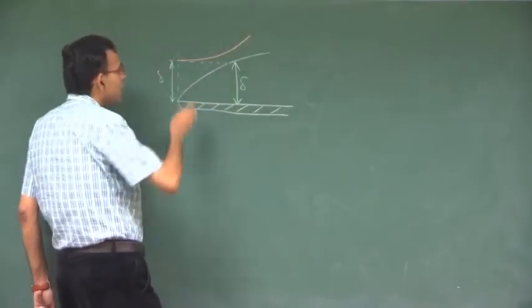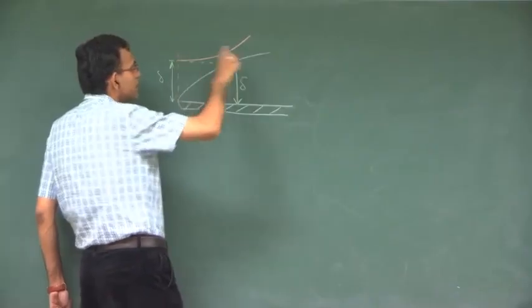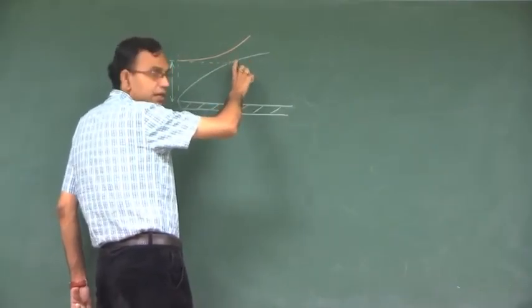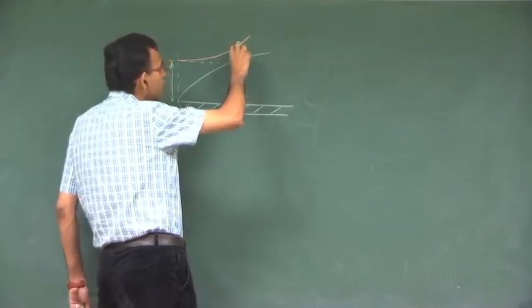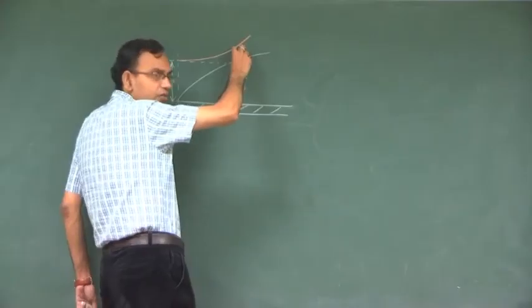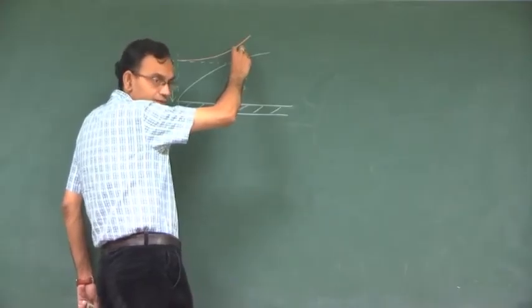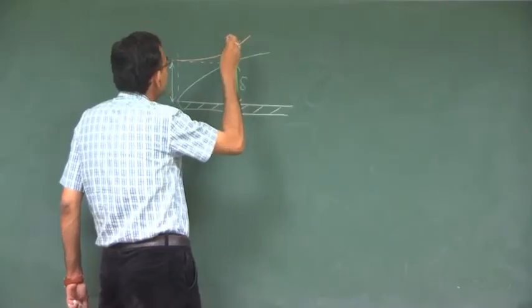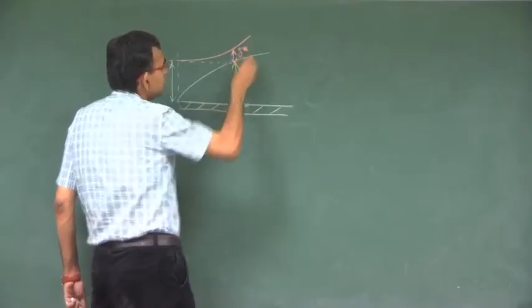Why? Because the flow through this must be the same as the flow through this. Here the flow is reduced because of the boundary layer. To compensate for that, the streamline should be bent upwards to have a region where you have some additional flow. This displacement of the streamline, let us call this delta star.